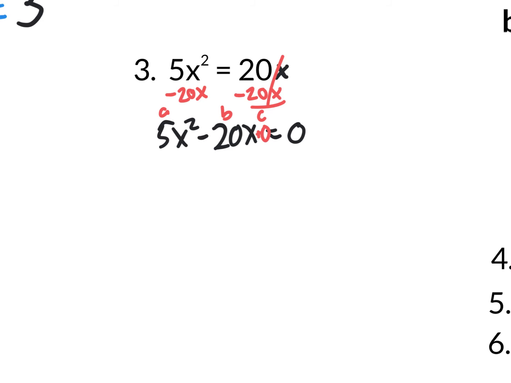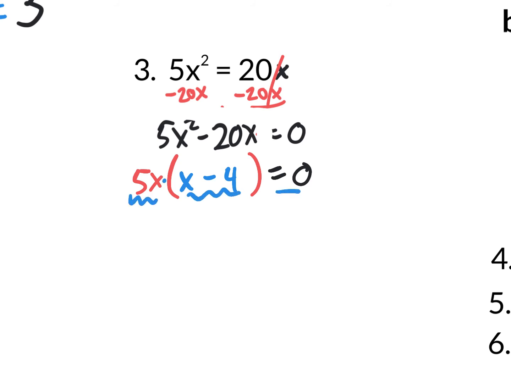Or instead of that, let me erase that. Instead of using the quadratic formula, you could also factor, split, and solve. So you could think, what is my GCF right there? I could pull out a 5x, and I would have x minus 4 left over, and it still equals 0. And then you could use the zero product property. This times this equals 0.